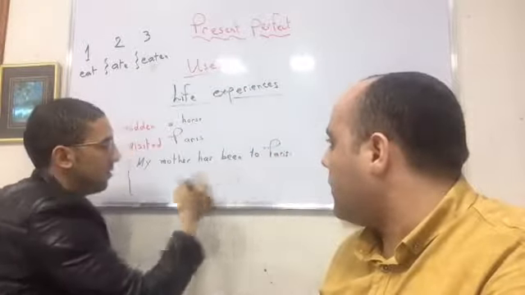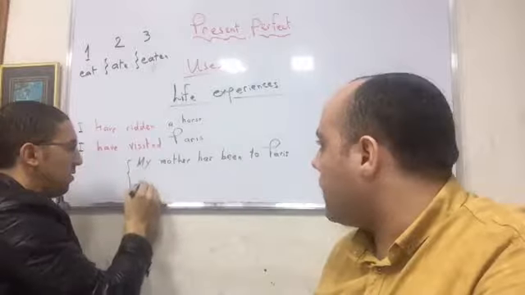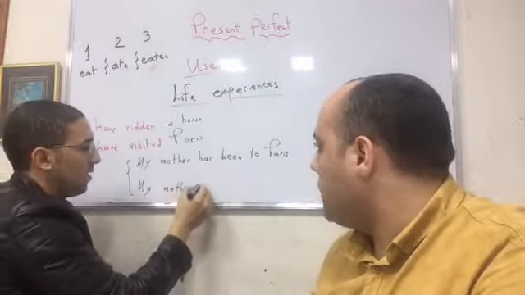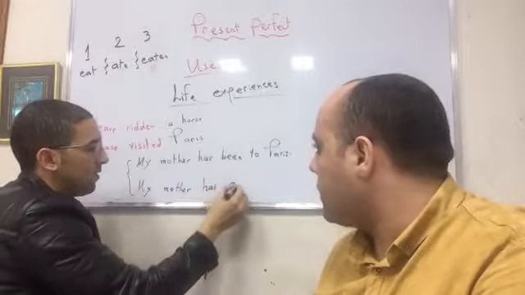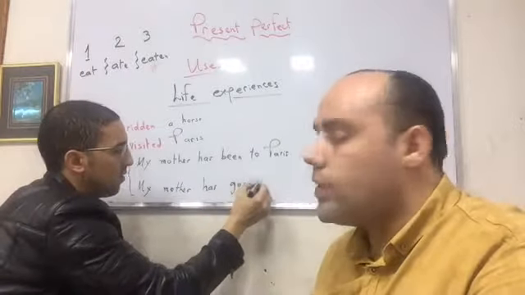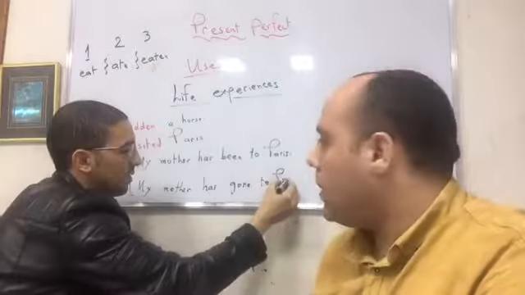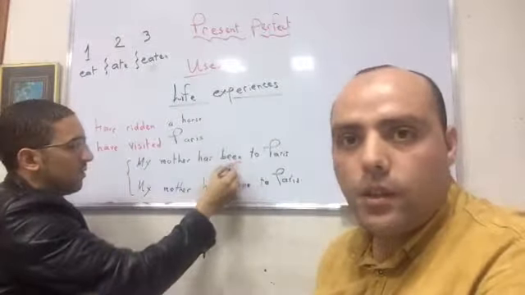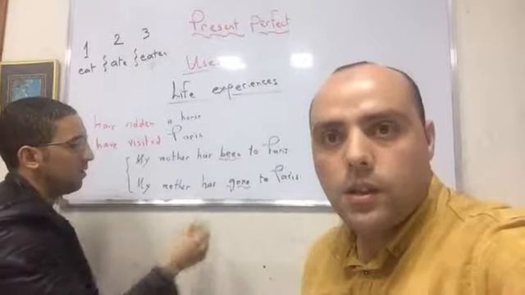And I can say that my mother has gone to Paris. So right now we're about to learn the differences between has been and has gone, because they differ a lot.